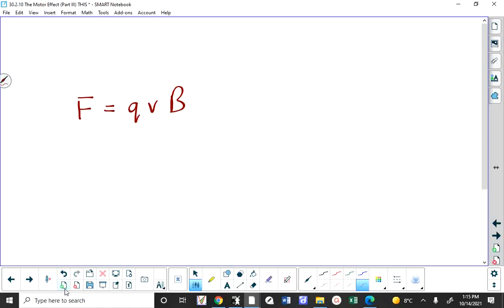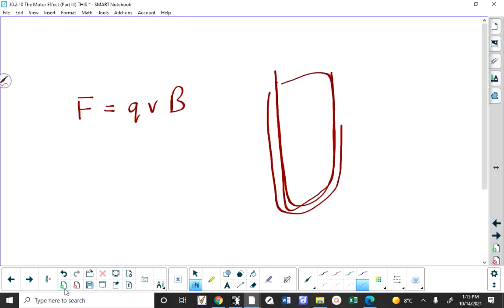Or instead of having the wire do this through the magnetic field, which is in here, you have the wire do this. And now all of a sudden you have 3 times as much wire in the magnetic field.